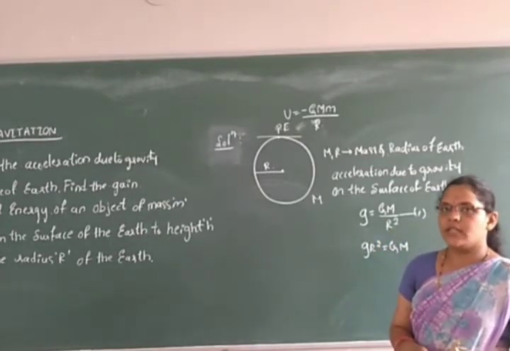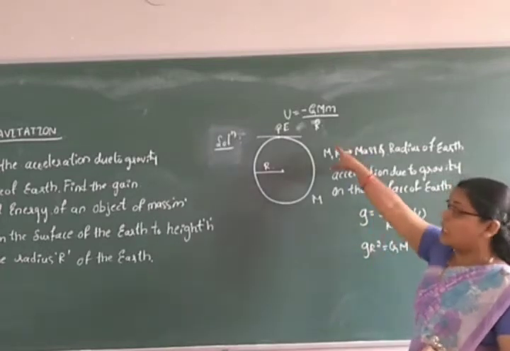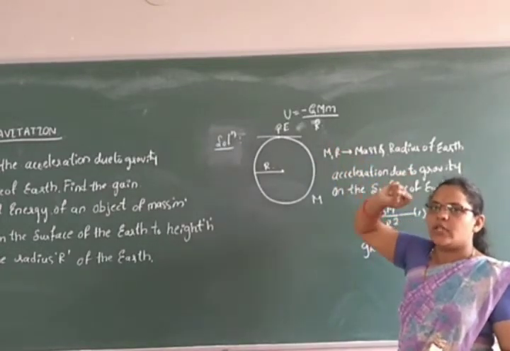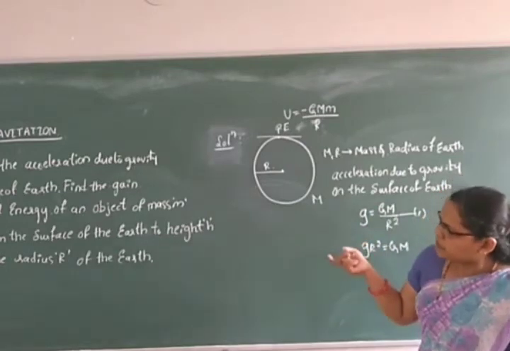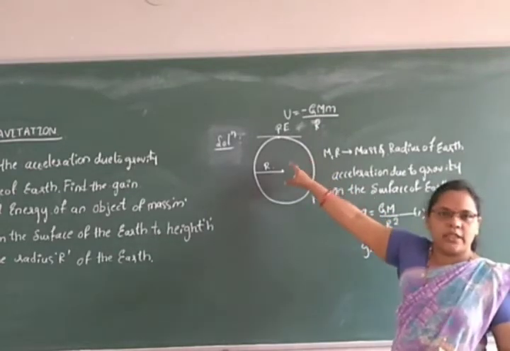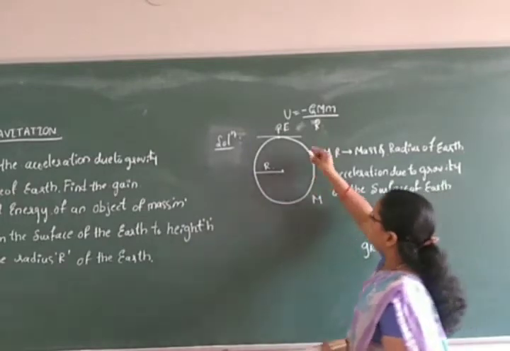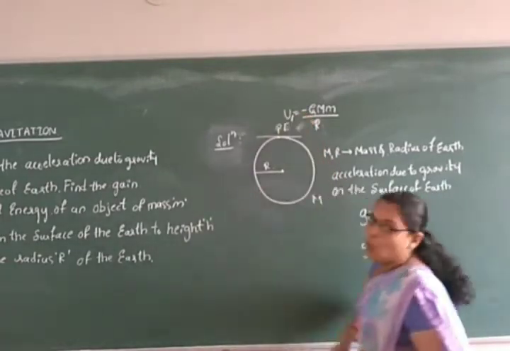So U is the potential energy of a body on the surface of the earth. Let me call it U1.